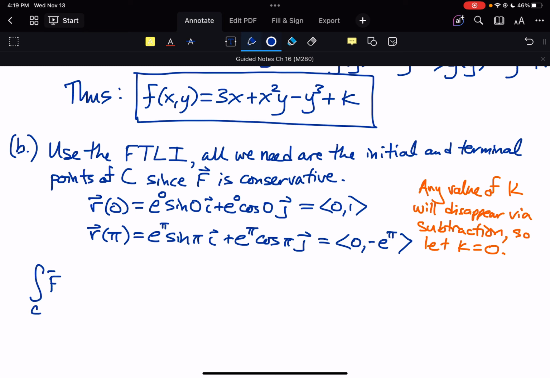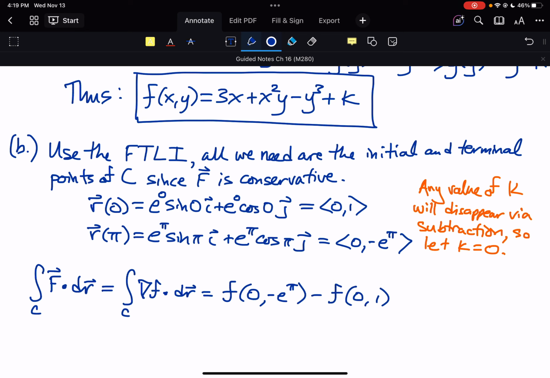So we have the line integral over C of F dot dr is the line integral over C of the gradient vector dot dr. That's f of 0 comma negative e to the pi minus f of 0, 1. So we plug back in to here.